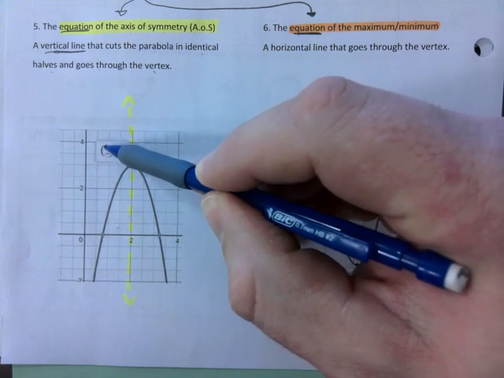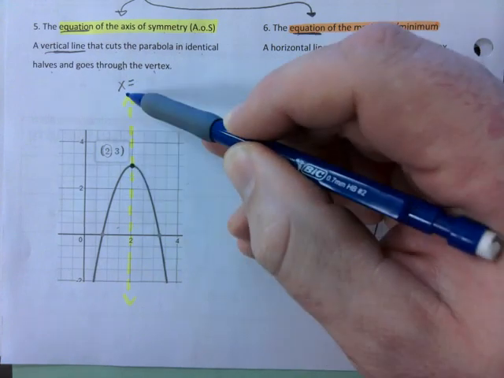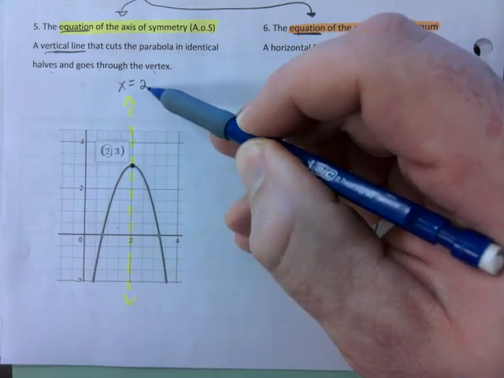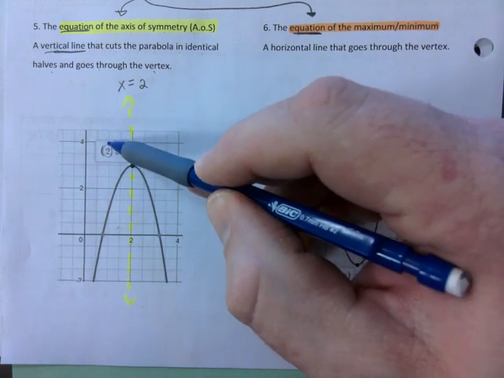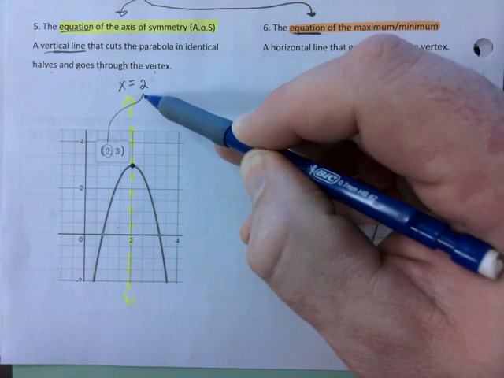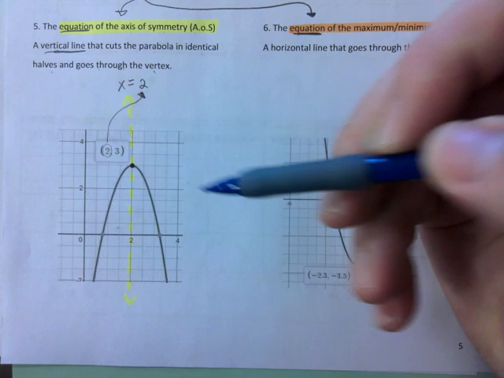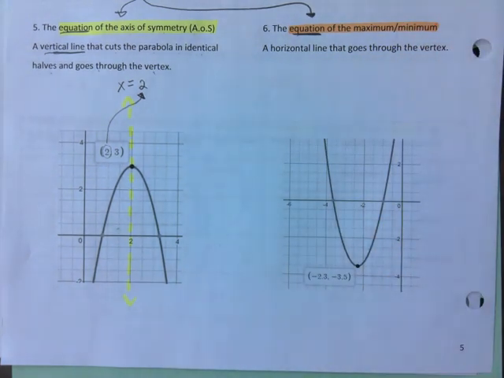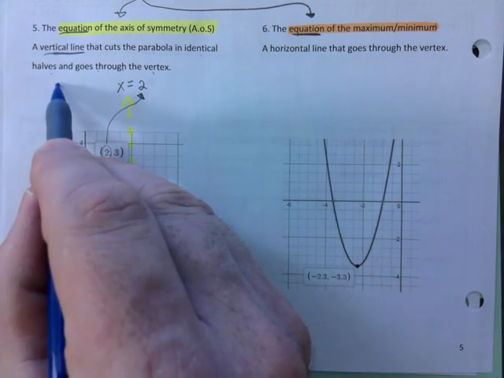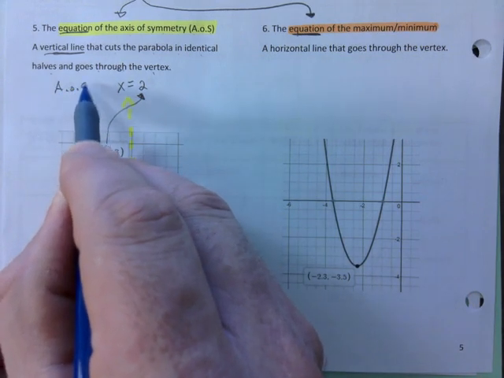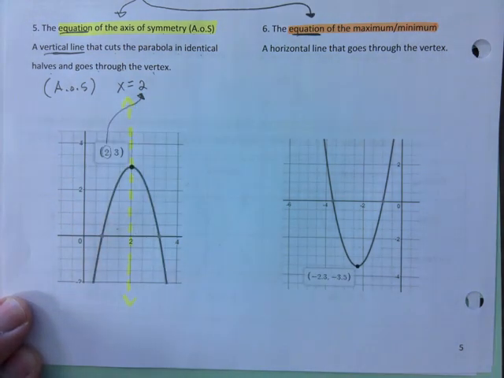And the x value here is what I use to write the equation of this line: x equals 2. So I basically used the x value of the vertex to come up with the axis of symmetry. Next to this, write AOS in brackets. So the axis of symmetry is that.